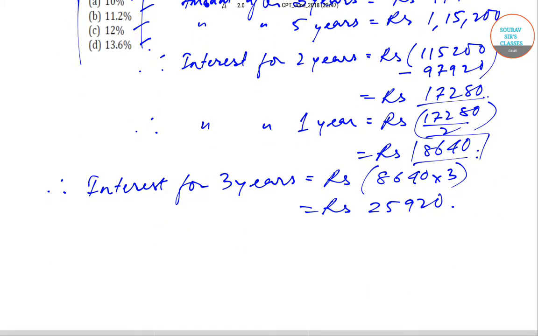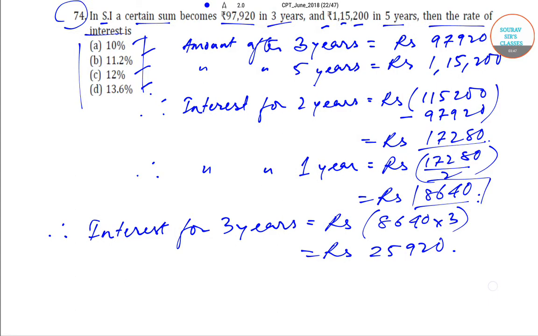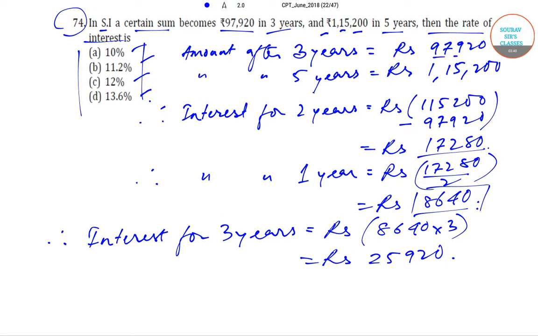25,920. So now we have already seen that the amount after 3 years is 97,920. So basically the initial amount plus the interest for 3 years, 25,920, gave us this amount.